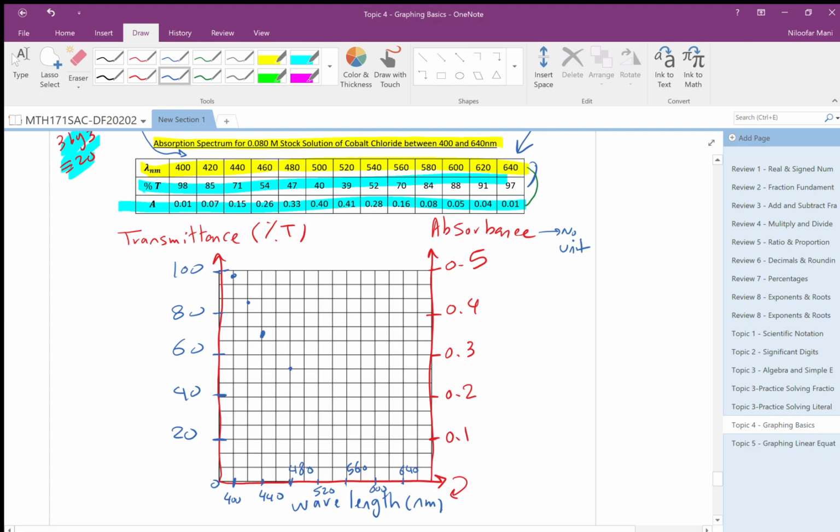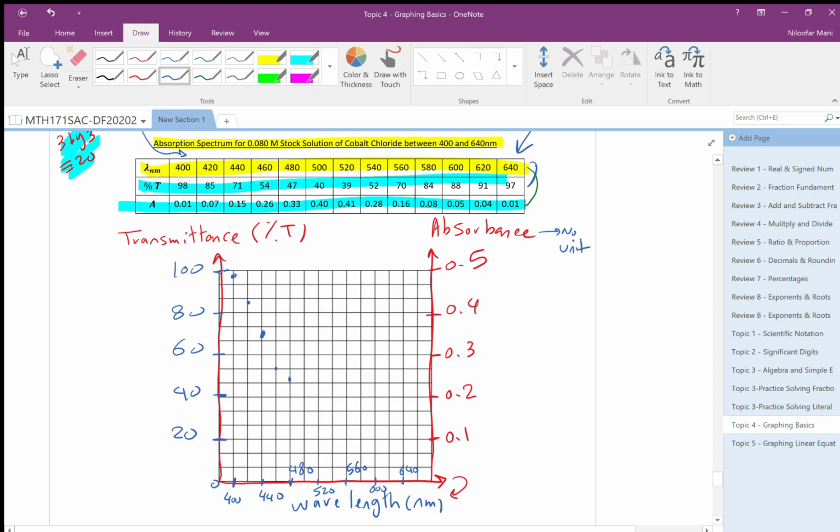Okay, so 480 and 47. So let me see, this is 480, so I made a mistake here, so this must be 460, which is here. Yeah, so that's that, and then 480 and almost here.